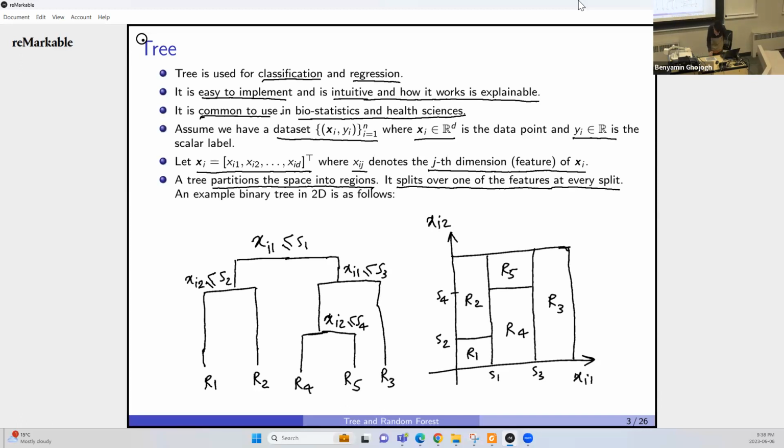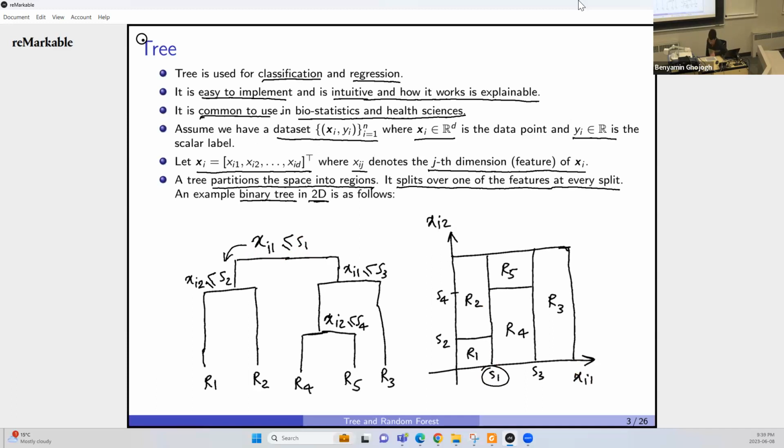An example of a binary tree in 2D is this. Take a look at that. Let's analyze it. Assume we have 2 dimensions. Then xi1 less than or equal to a threshold s1. This is the xi1 axis, this is s1. If it is less than or equal to s1, then go in this direction.